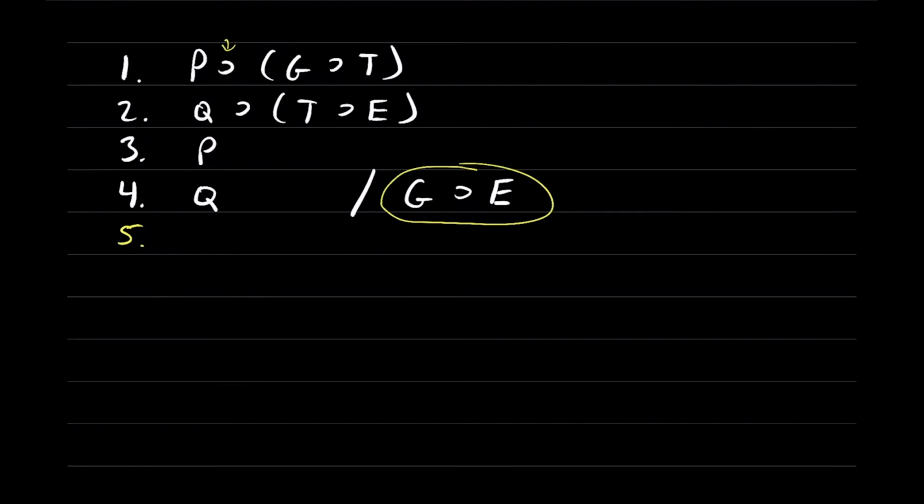If P is true, then we know that G implies T. That's because line 1 tells us if P is true, then we get that conditional inside parentheses. Line 3 tells us that P is actually true. And that follows from line 1 and line number 3 by Modus Ponens. And again, just to be really clear here, Modus Ponens is if P, then Q, P, therefore Q.